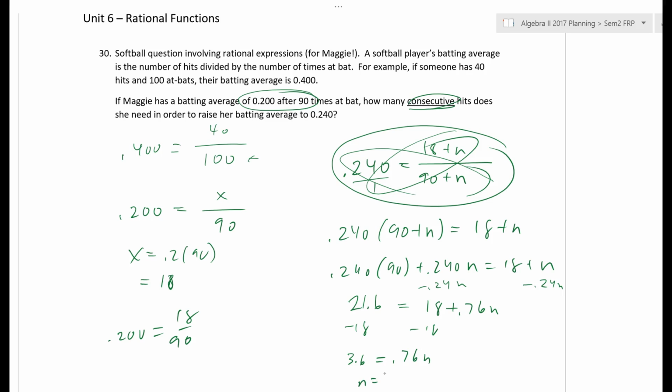And then n will be 3.6 divided by 0.76, which is 4.74. You can't get 4.74 consecutive hits, so she'd actually have to get 5 to make the average go above 240.